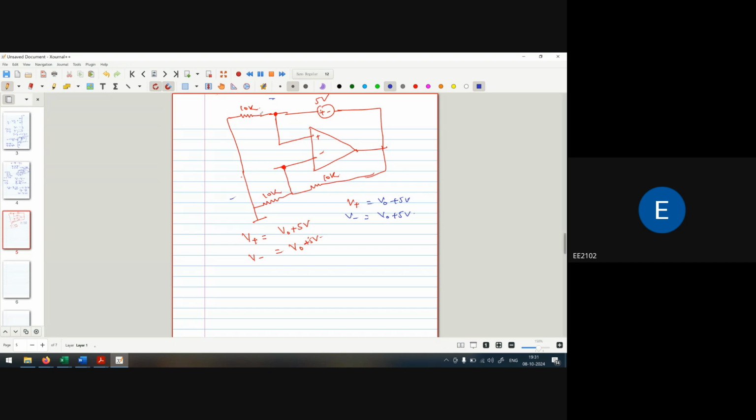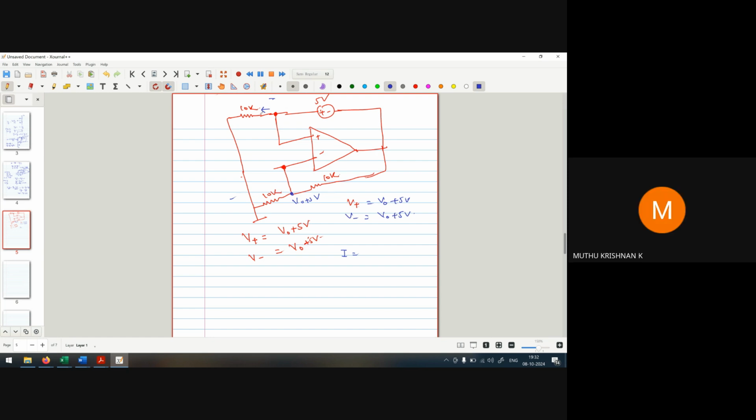Now if this voltage is V0 plus 5 volt, what will be the current from the positive terminal? Which direction? From this one, the current will be going in this direction because it is grounded.